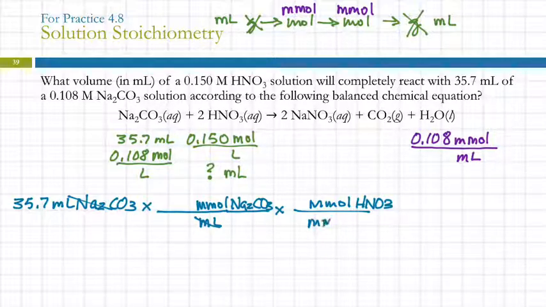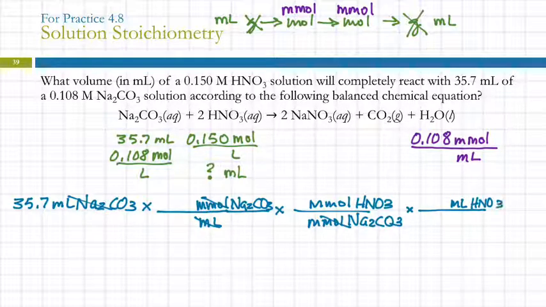And I'm going to want millimoles of sodium carbonate in the denominator, so those are going to cancel out. And then here at the end, I want milliliters of HNO3, and I'll have millimoles of HNO3 in the denominator that's going to cancel out.